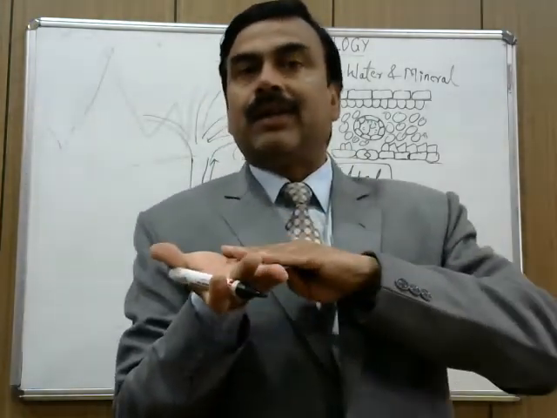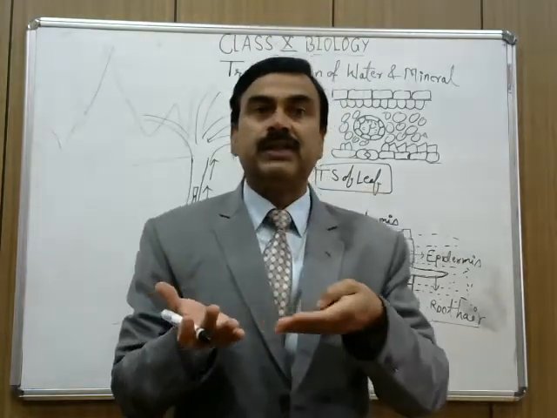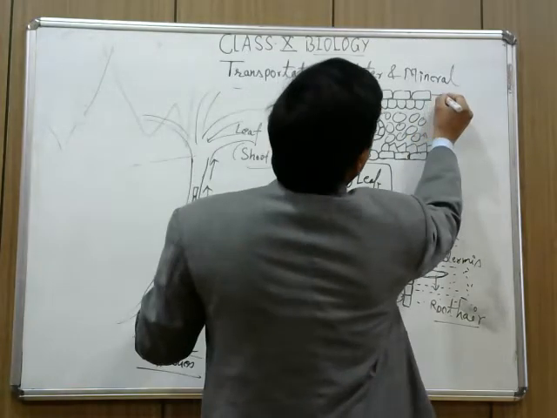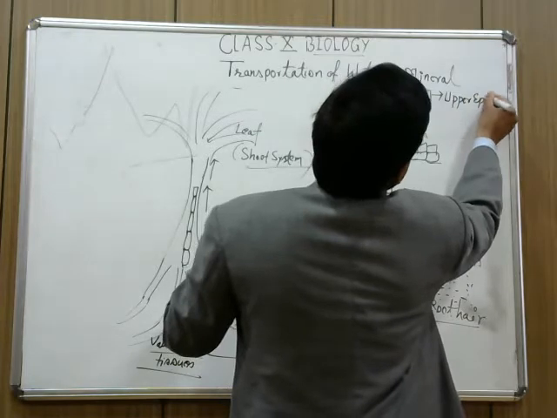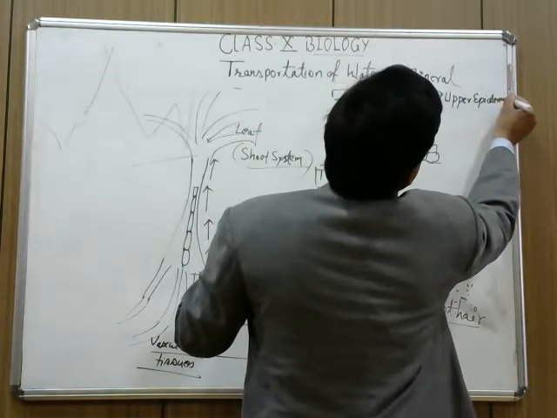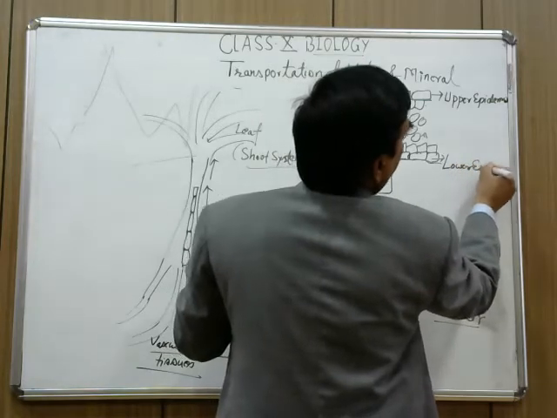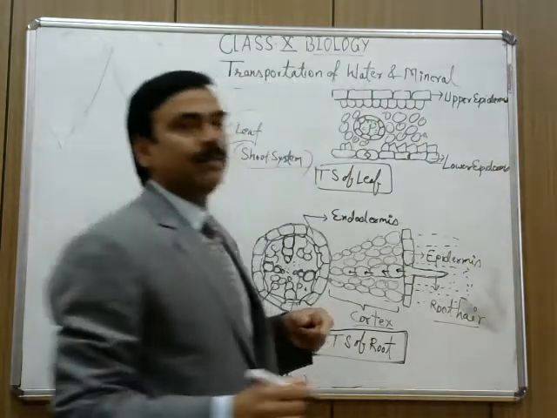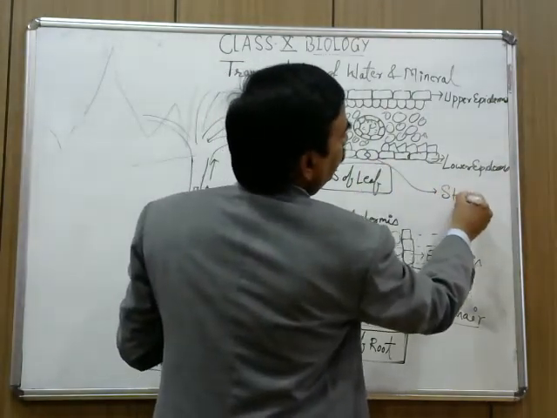Upper skin you can see in the leaf, upper side is smooth, lower side is a little bit rough surface. So these are the skin. Upper epidermis you can easily understand. Upper epidermis. Lower epidermis.